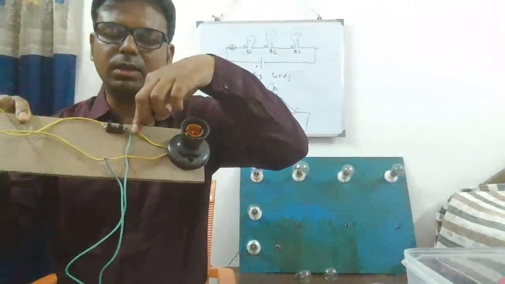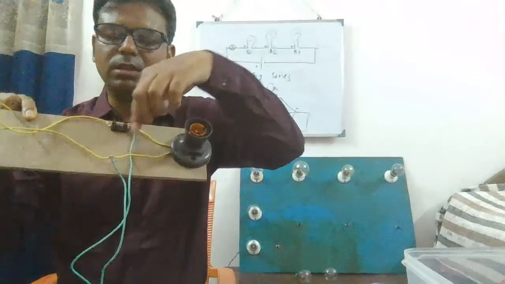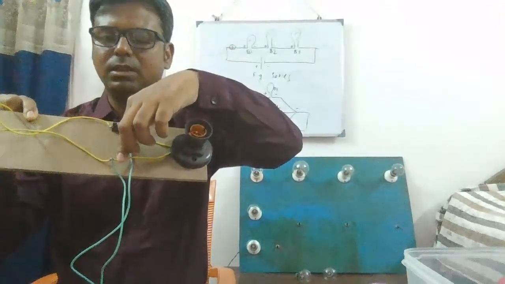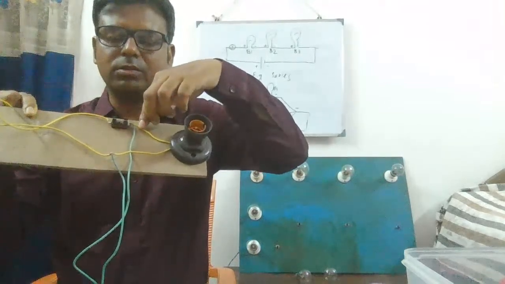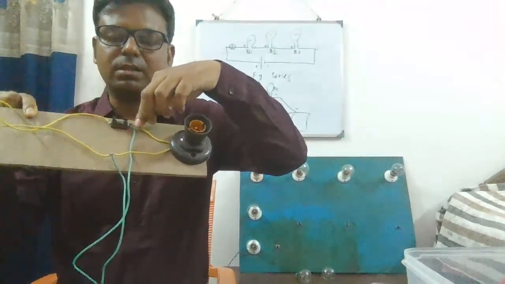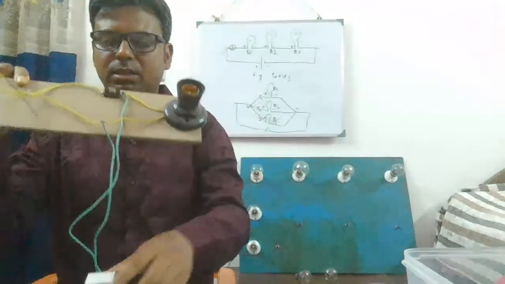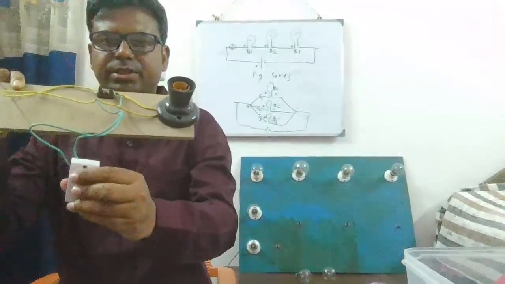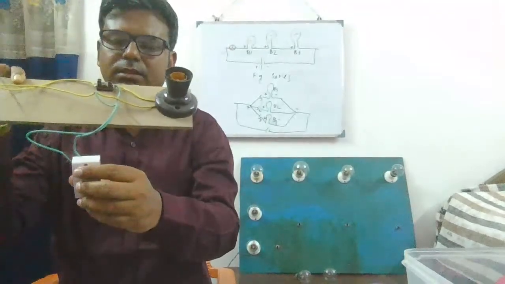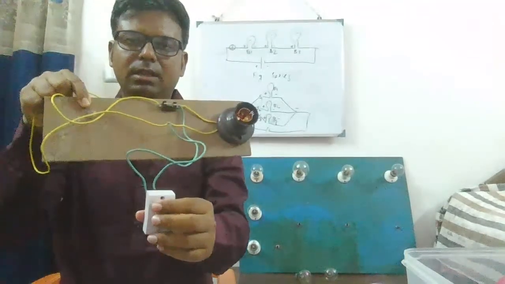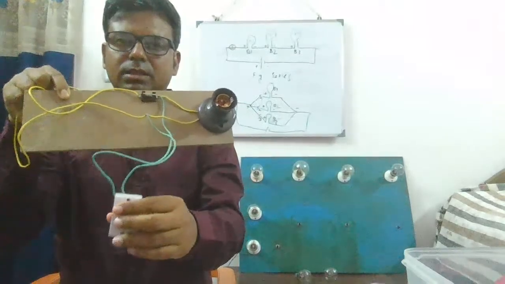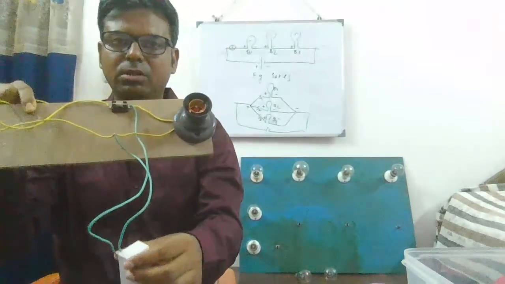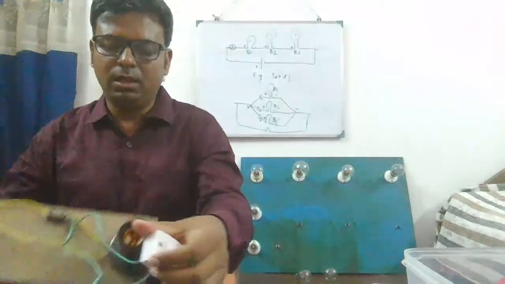Live wire and neutral wire could be connected by mistake, and by this switch I could connect with this. Now what will happen? Just have a look.